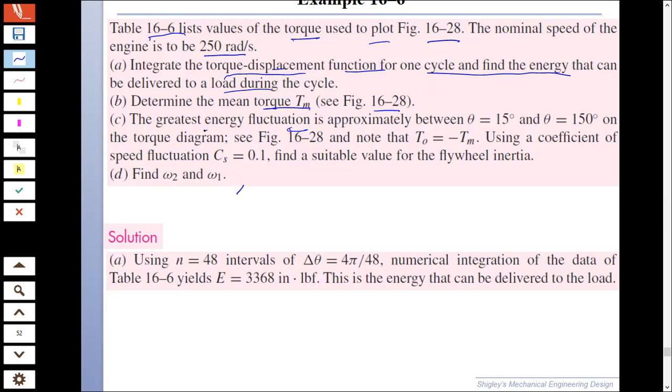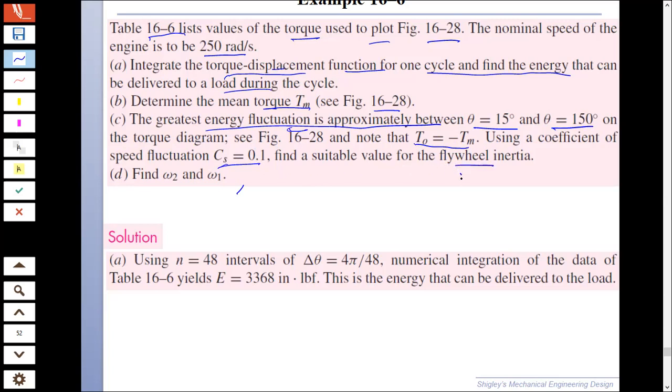It says that the greatest energy fluctuation is approximately between theta is equal to 15 degrees and theta is equal to 150 degrees of the torque diagram. And note that theta naught is equal to minus Tm using the coefficient of speed fluctuation. Cs is equal to 0.1. Find the suitable value for the flywheel inertia.